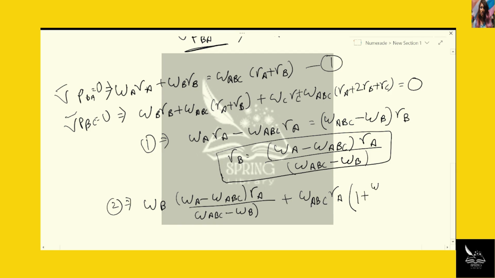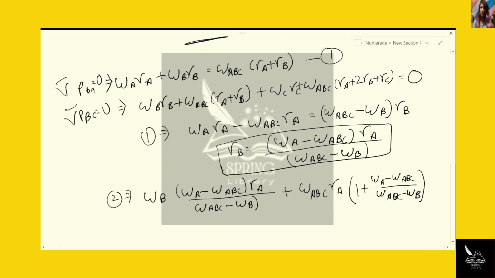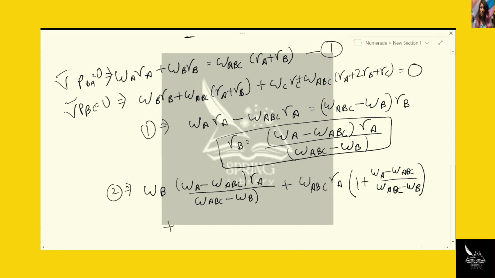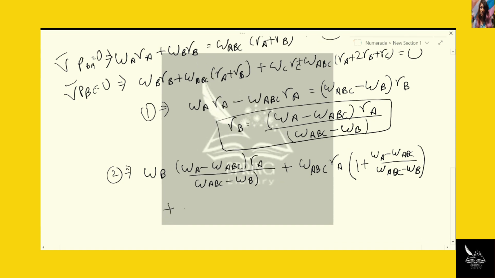So this is 1 plus omega A minus omega ABC divided by omega ABC minus omega B, and then plus omega C RC plus omega ABC RA plus 2RB.